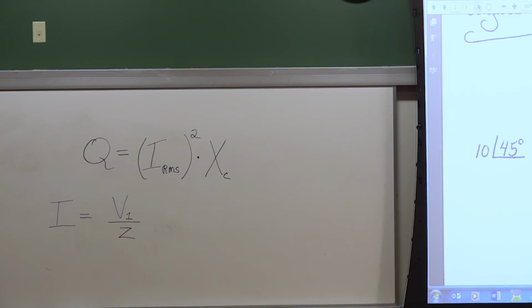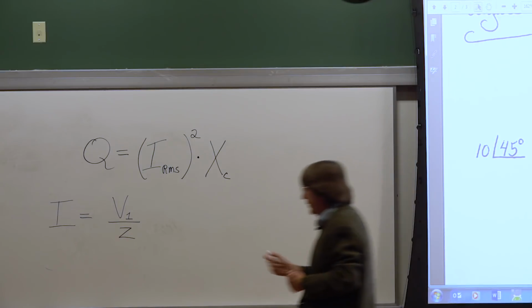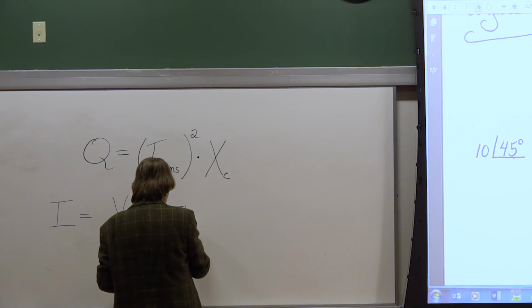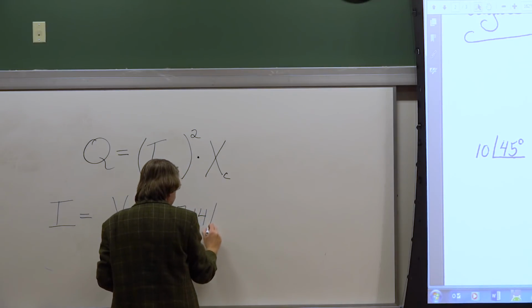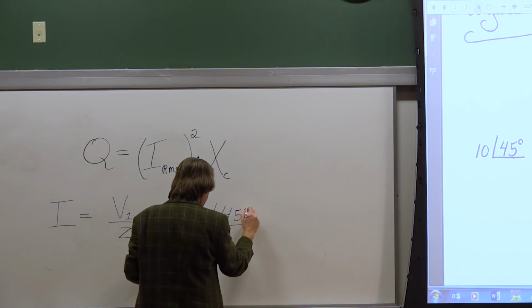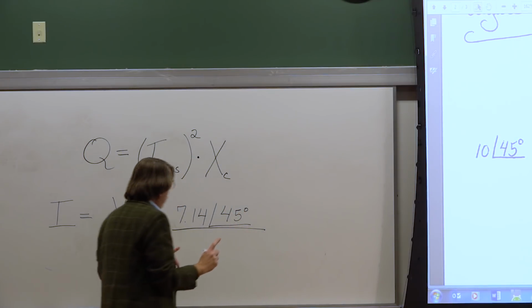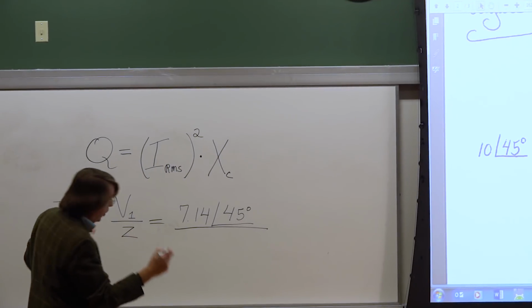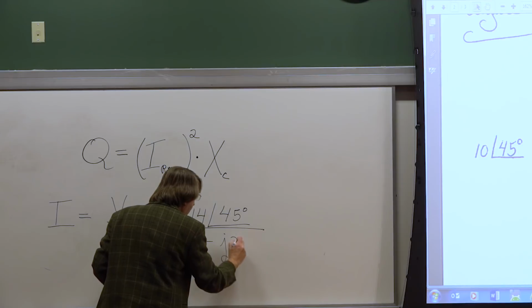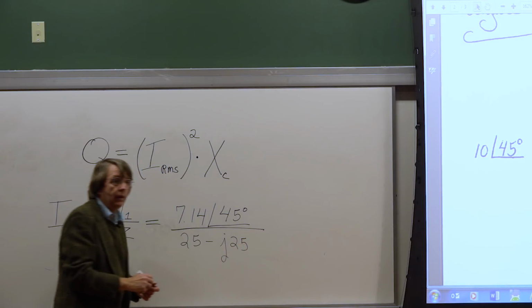Same thing here. So I1 is going to be V1, which is 7.14 at an angle of 45 degrees, divided by, now what's the Z? 25 minus J25.